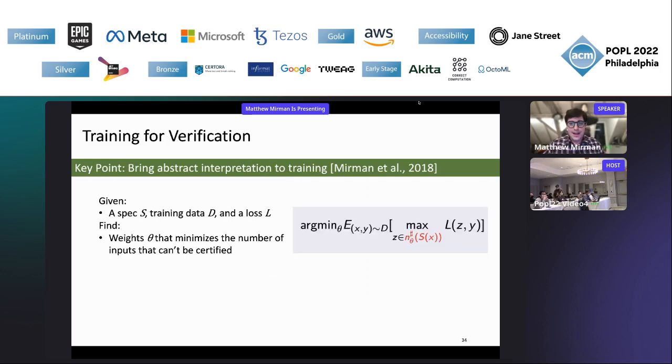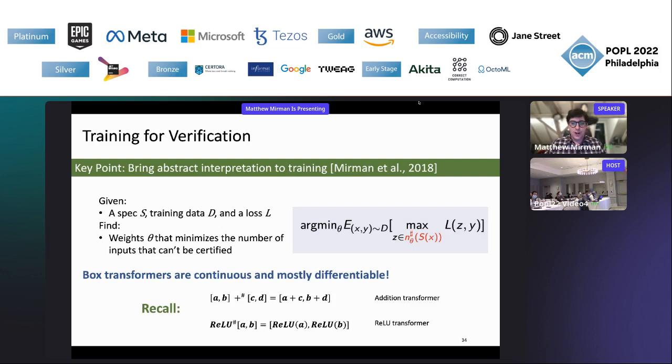This can be formalized in this equation to the right. We want the argmin of the weight sets theta that give us the lowest expected loss over worst possible inputs from an abstract output, an abstract element that is the output of the spec of the network.